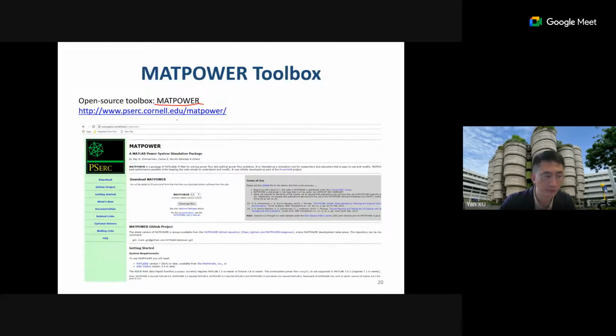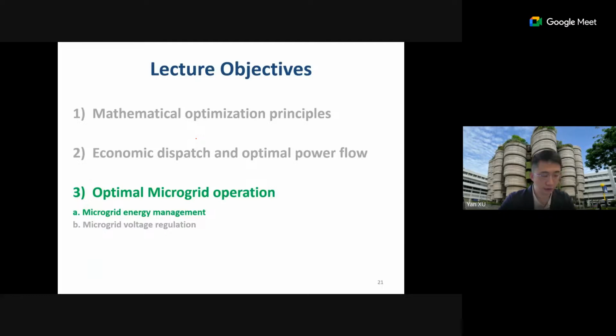You can go to the website and download a copy of MATPOWER. MATPOWER can do both power flow study and optimal power flow study. You can directly solve OPF in this toolbox. So that is the second part, the economic dispatch and optimal power flow.